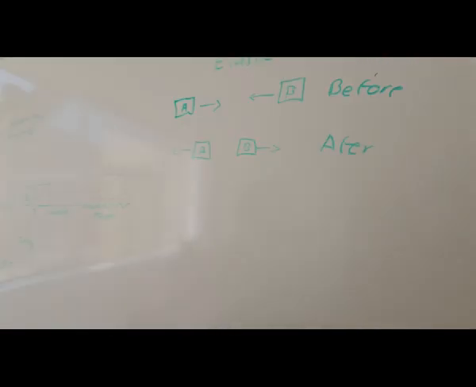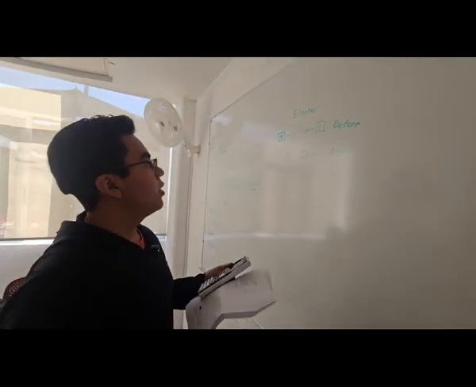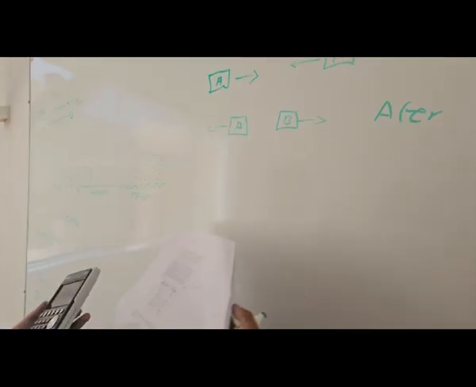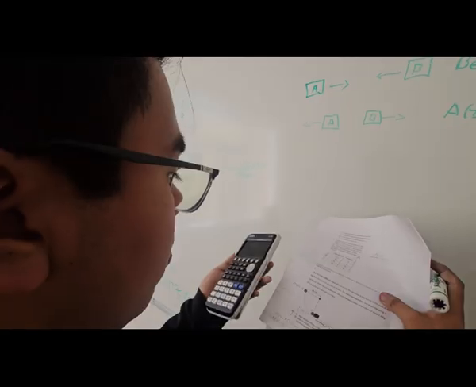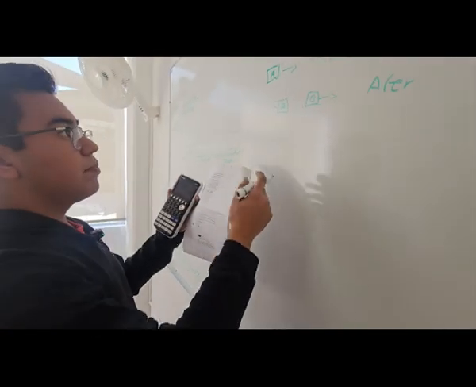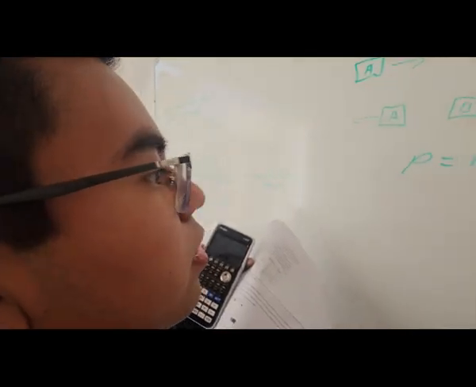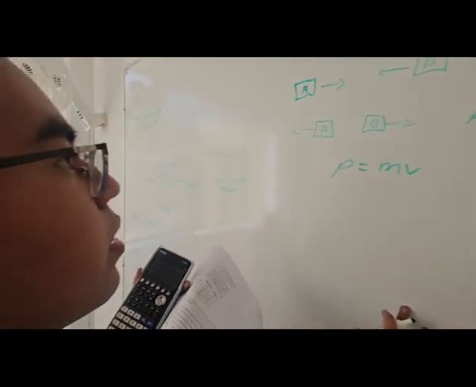So what we know about this problem is that momentum and energy are conserved. So with this in mind, we know that momentum equals mass times velocity.